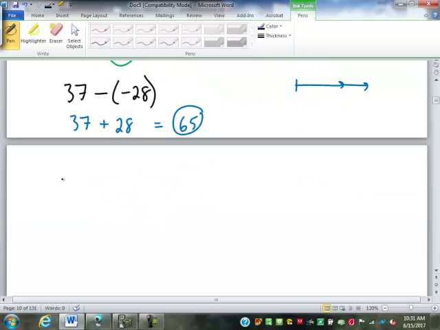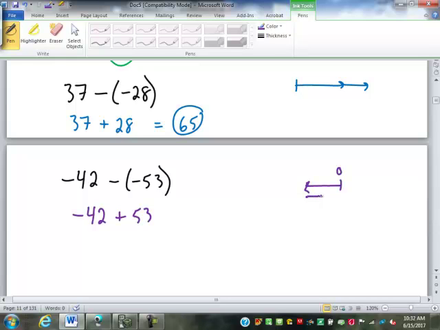Or we might have negative 42 minus a negative 53. That one's going to become? Plus 53. You got it. Negative 42 plus a positive 53. Now that it's addition, we can draw out our vectors. From 0, we go negative 42. 53, same or opposite?